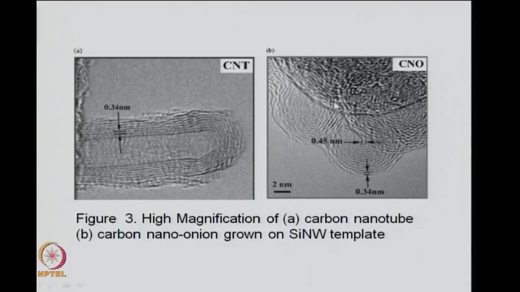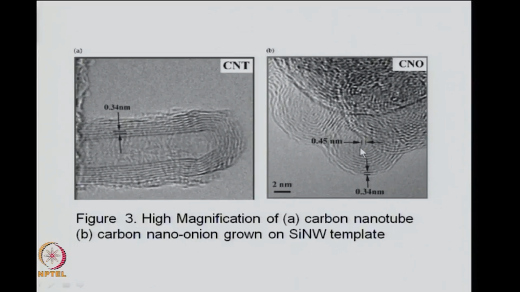And in this slide, what you see is that you have this silicon nanowire, and on the tip of the silicon nanowire you have this carbon which is growing on top of the silicon nanowire. So, the silicon nanowire is acting as the template, and on top of that you have this carbon, rather than a nanotube, here it is more spherical. And so, these spheres of carbon, since there are several layers in each sphere, this is called an onion like structure, and so these are called carbon nano onions.